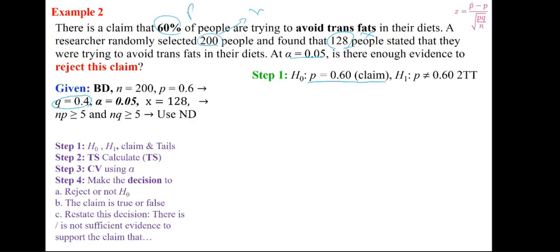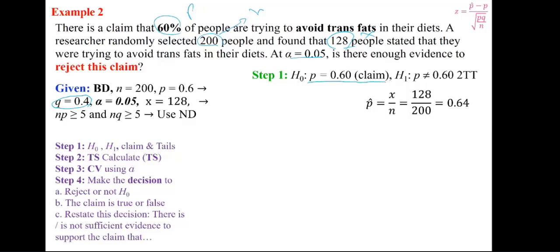Now, the second step involves calculating the test statistic. To calculate the test statistic, look at the top formula. To use that, we need p hat first. So we calculate p hat as x over n, or 128 over 200, and do the math.